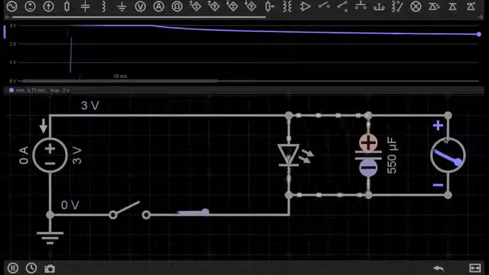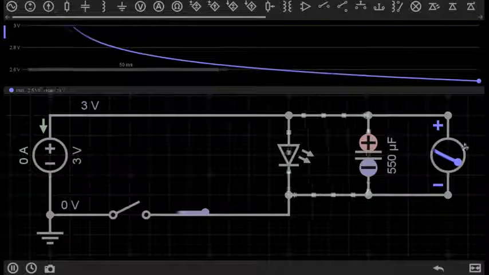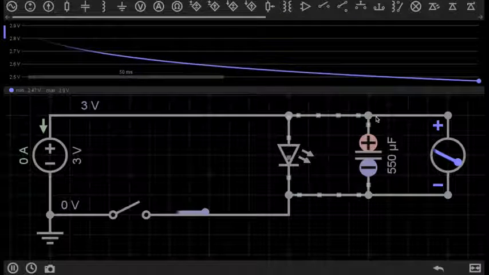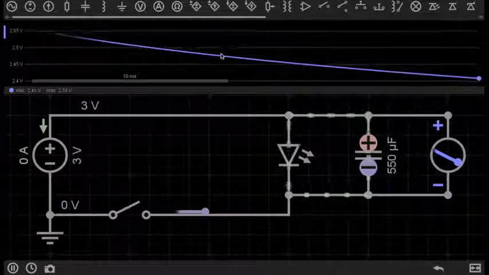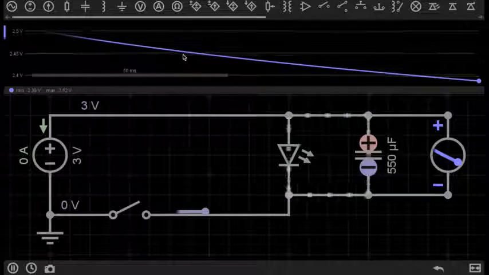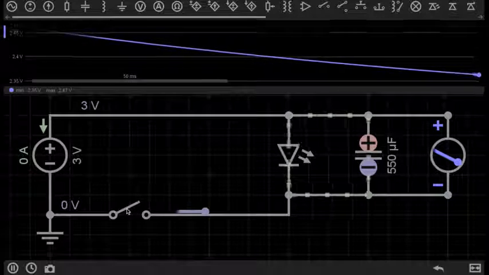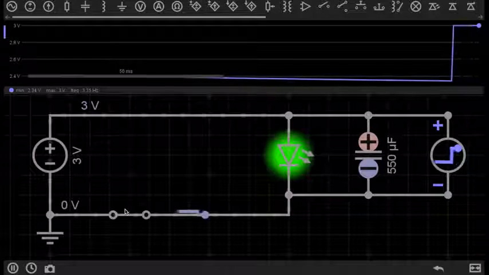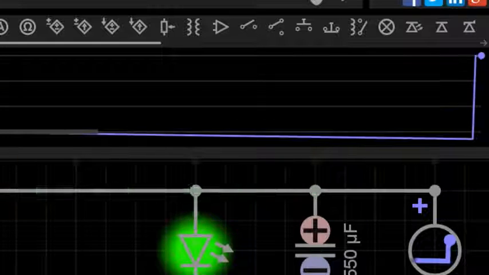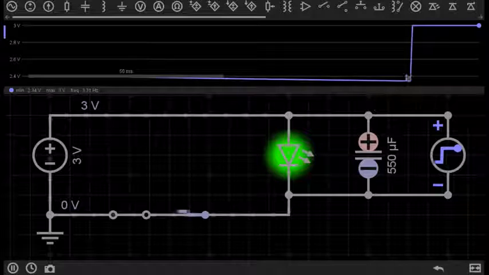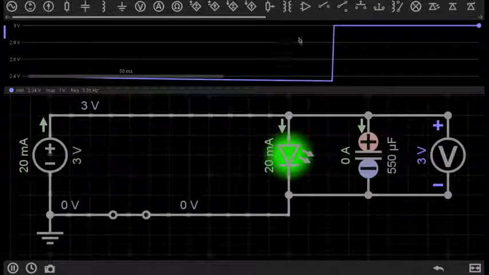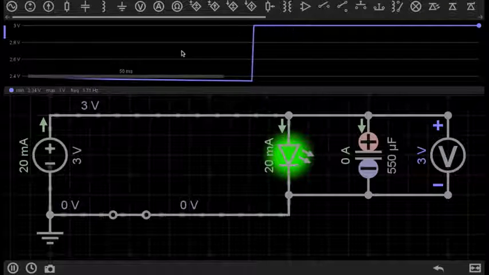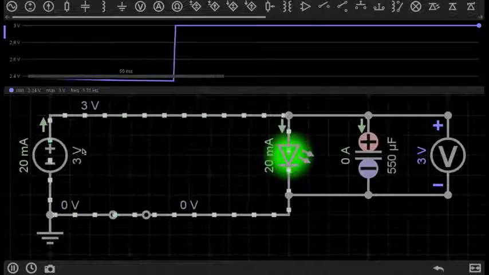So what I've done here is I have connected a voltmeter across the capacitor, so we can see what is going on with this capacitor. When I close the switch to this circuit, watch what happens. You can see up here the capacitor has just charged to 3 volts, which is the power that I am supplying the circuit with.